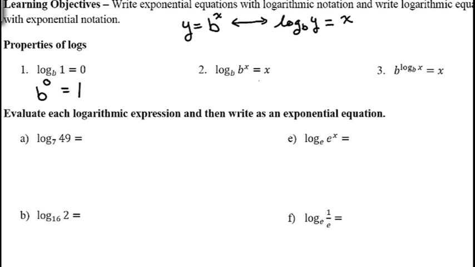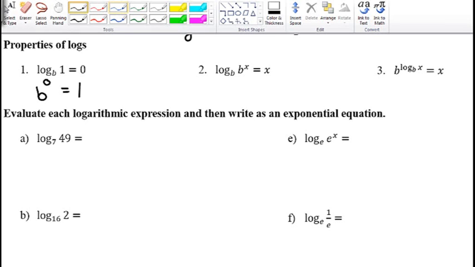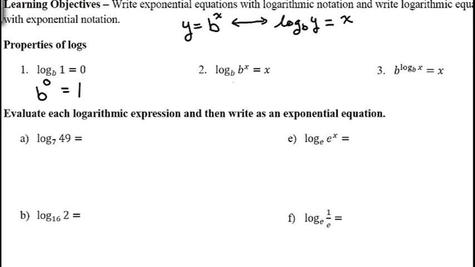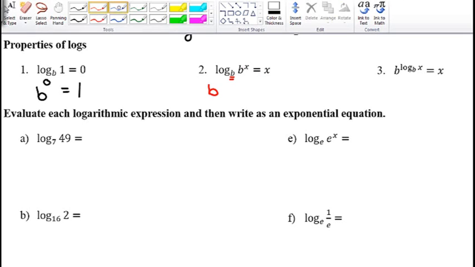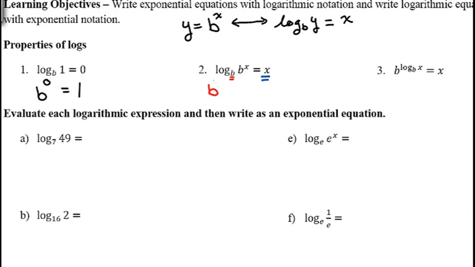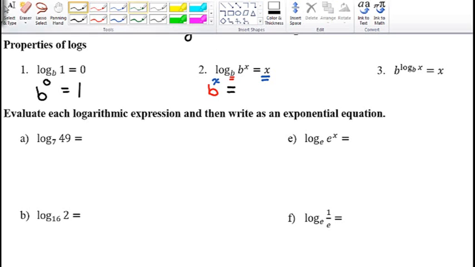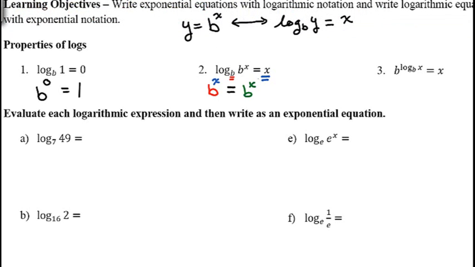The next property is that if you have log base b of b raised to the x, then this is equal to x. Remember, b is the thing being raised to a power. I'm going to color coordinate this because there are a couple of b's and a couple of x's in there, so that you know where the b's are coming from. We have that b being raised to the power of x, and that's where the exponent comes from. And it's equal to b to the x, and this b to the x is this b to the x right here.